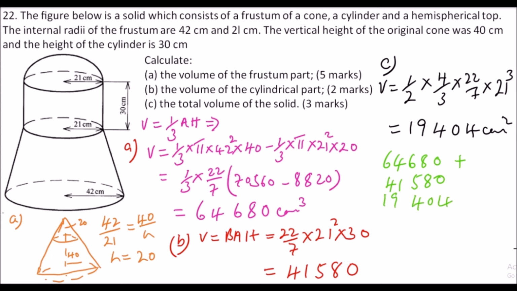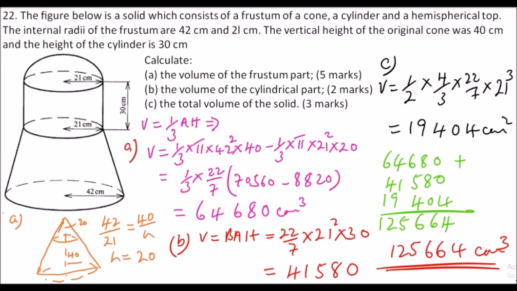With that, you get a total of 125,664 centimeters cubed. So that is the volume, and you get yourself 10 marks. So that is how you work out that question.